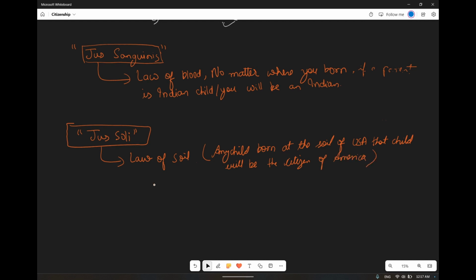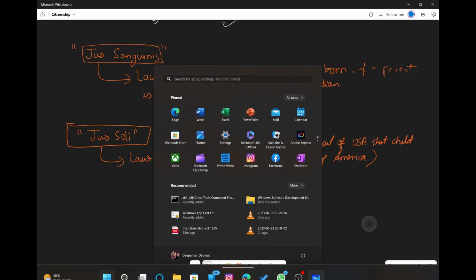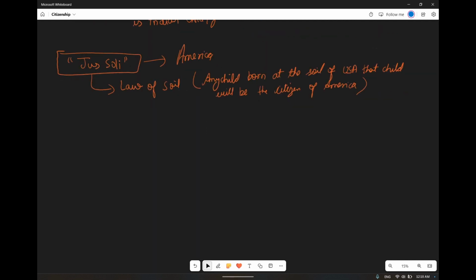In America they follow jus soli. In India jus sanguinis, law of blood. In America jus soli. Now we'll try to understand what exactly it means.